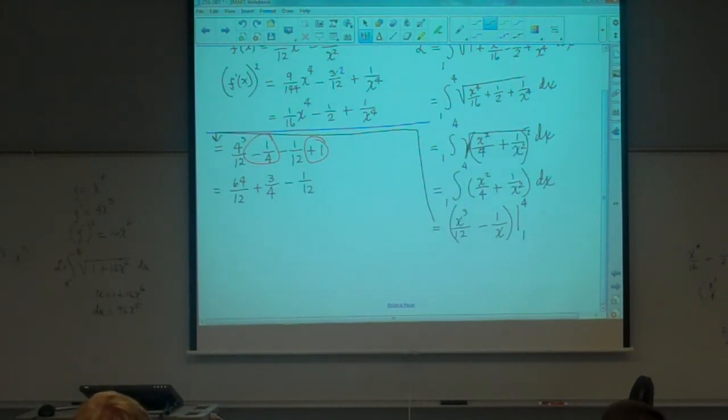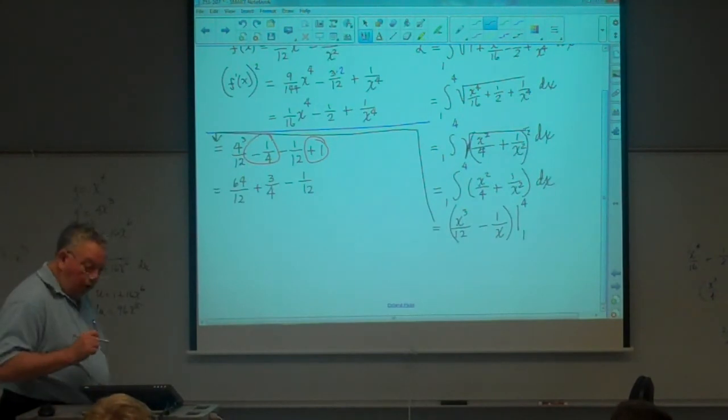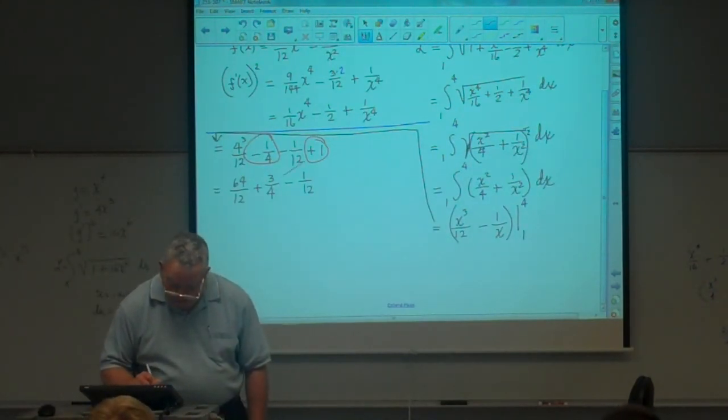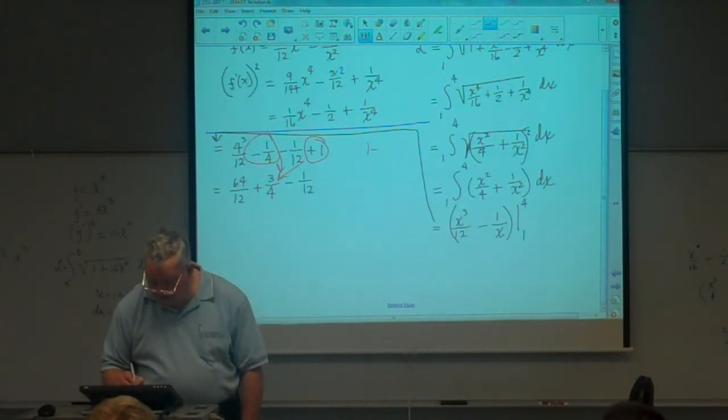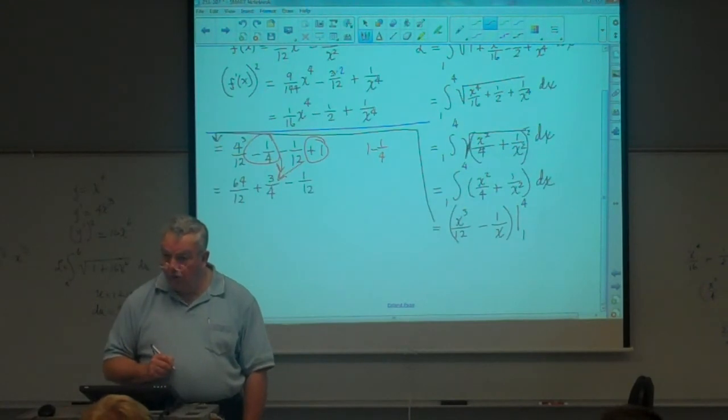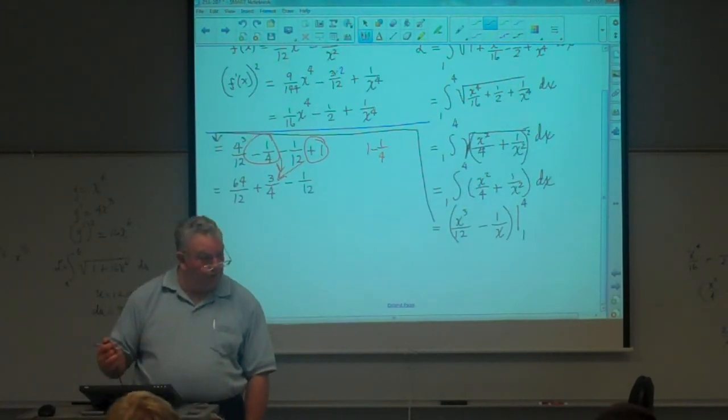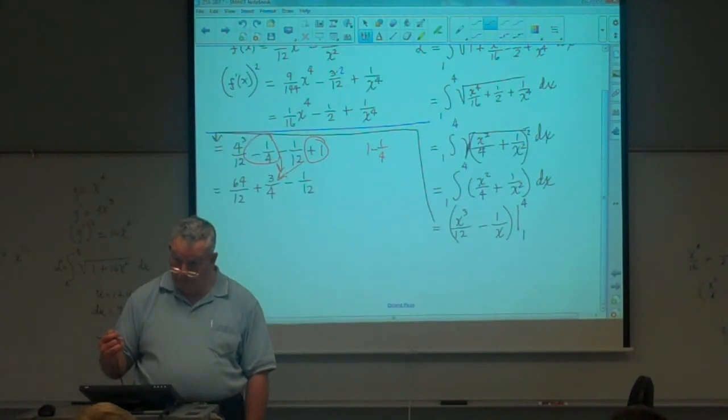Isn't 1 minus 1/4 3/4? Is it minus 1 though? What I'm doing is I put these two together and I said 1 minus 1/4, and 1 is 4/4, 4/4 minus 1/4. That was 3/4 minus 1.